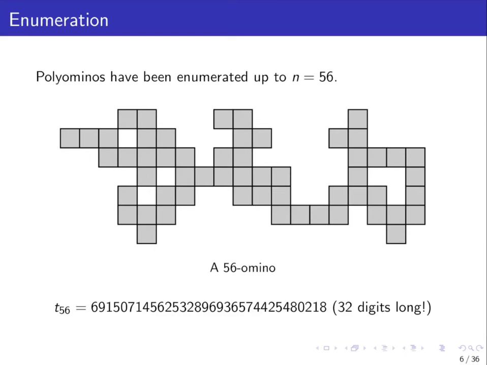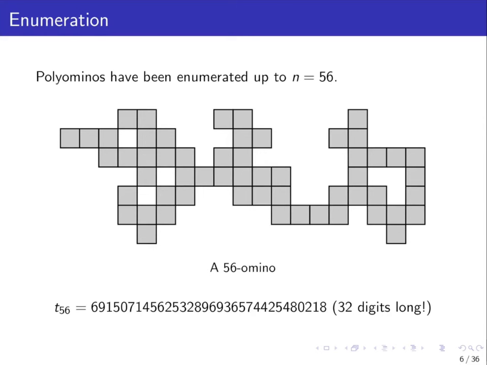It is widely believed that there does not exist a general formula for returning the exact value of T sub n for a given n in which we could compute these values other than using computer algorithms. So we're kind of at an impasse here. We're really interested in these shapes, but we can't enumerate them past n is 56.